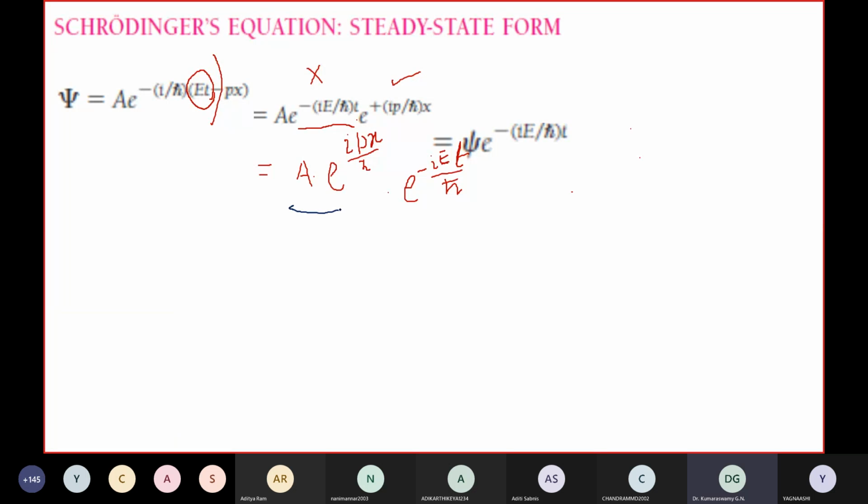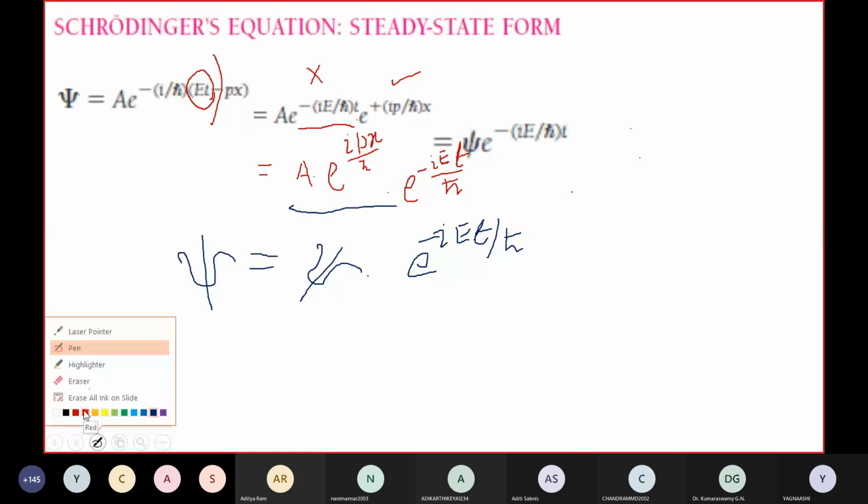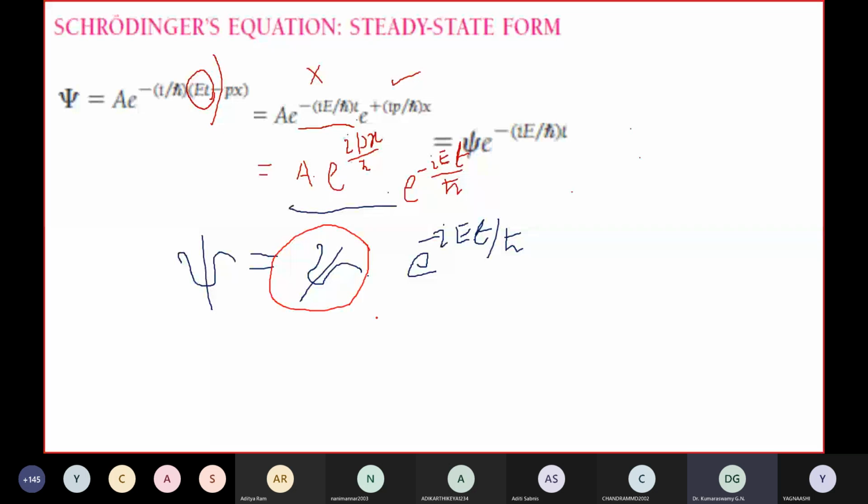Both put together, I will rewrite the wave function psi is equal to phi into e to the power of minus i E t by h cross. Now this is the wave function which represents our particle, or which constitutes the probability of the particle.